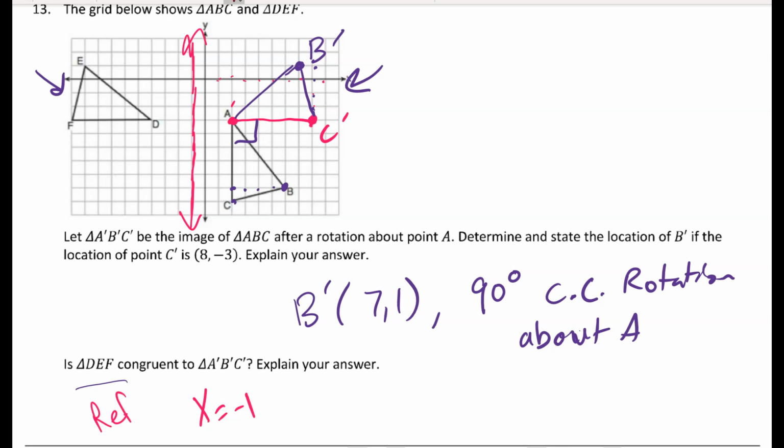So if I reflect over x equals -1, then A would land right on D, B prime would land right on E, and C prime would land right on F, right? Because they're the same distance away from the line. So you could say that yes, they are congruent, because if you reflect over that line, they land atop each other, and a reflection's a rigid motion, and rigid motions preserve distance and angle measure.